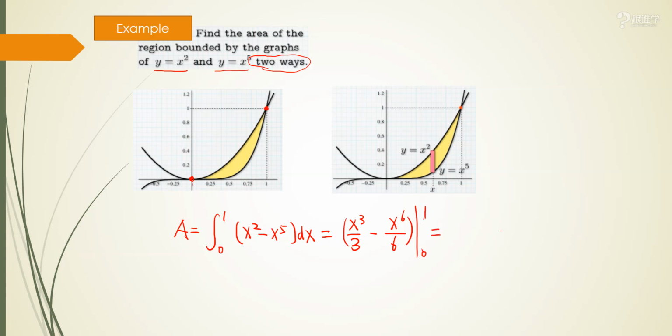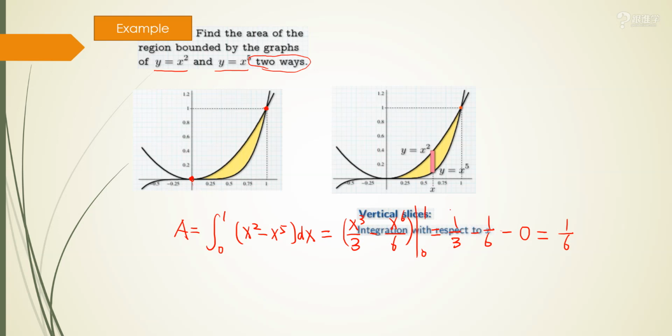Plugging in x equals 1, we have 1/3 minus 1/6, minus the value at 0, which is clearly 0. So we finally have the area to be 1/6. So that is the first method. Here we have used the vertical slices, integrating with respect to x.